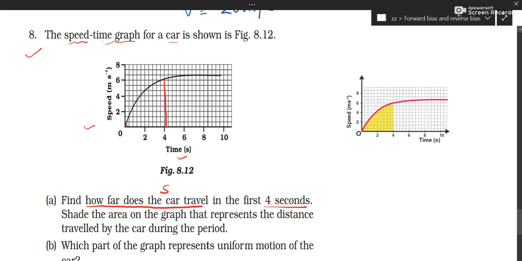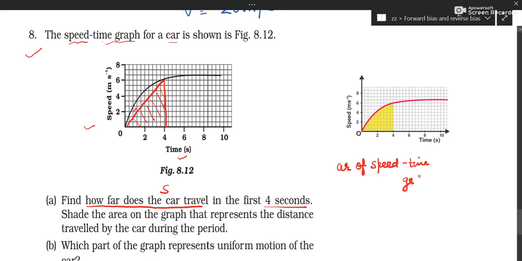If you wish, you can find the area of the triangle, which is approximately equal to this area. This area is very small, so we can find out the area of the triangle. So you should write like this. Area of speed time graph.